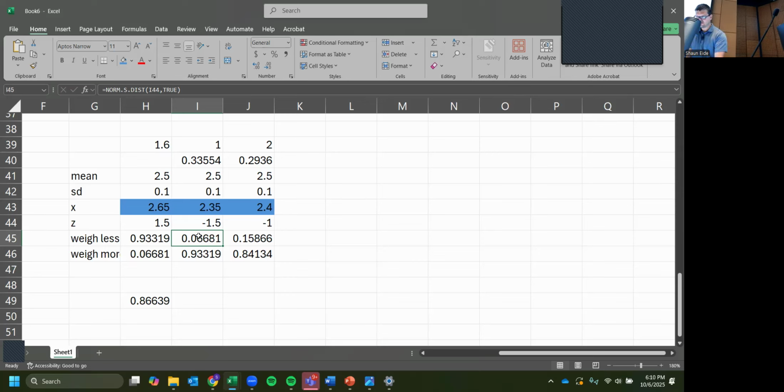And then this was 93%. Okay, so what we do is 93% minus 6% gives you the probability of being between the two. Y'all tracking? That help? Okay. Other questions?